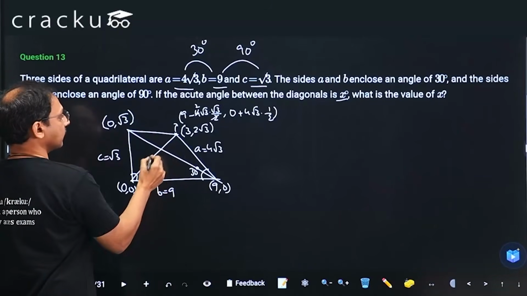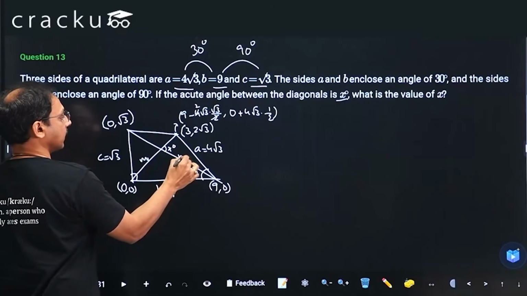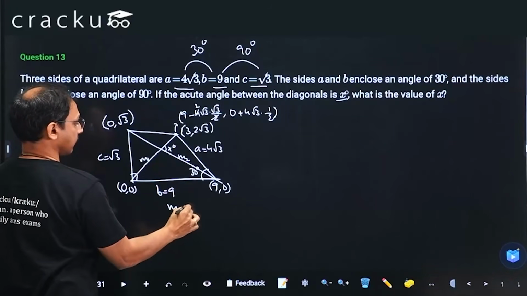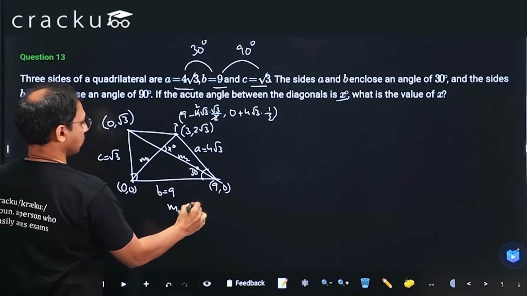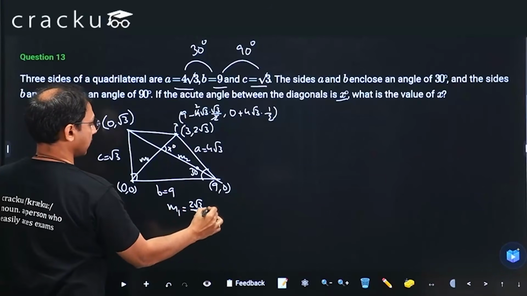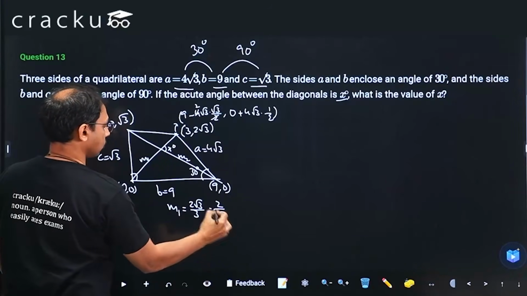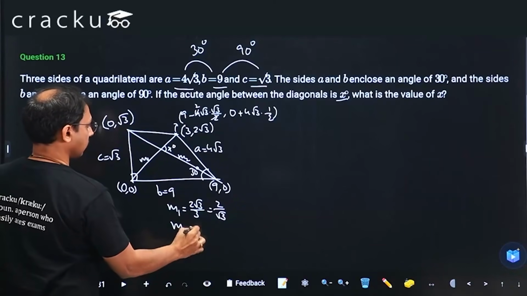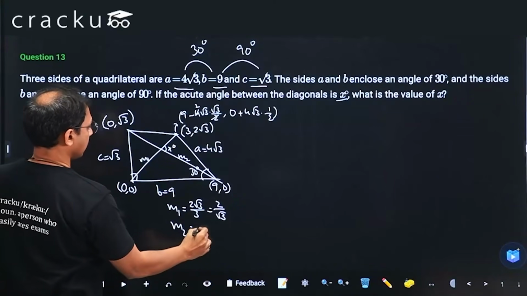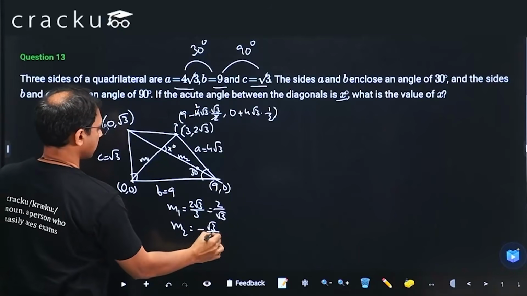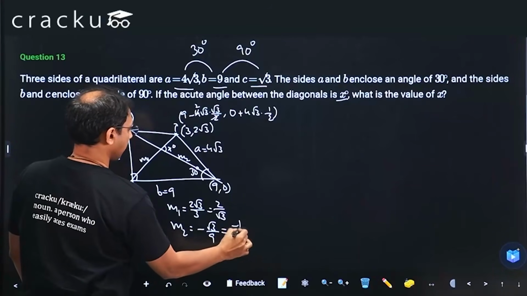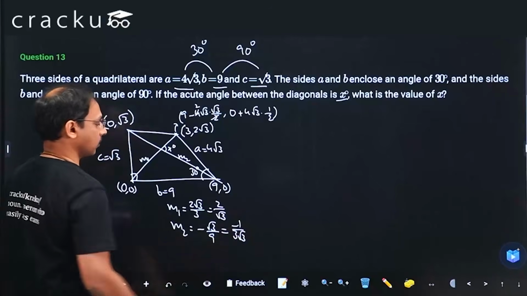So I got the fourth vertex also. So I want this angle. Let us say the slopes are m1 and m2. m1 is 2 root 3 by 3 or 2 by root 3. Slope of the other diagonal will be minus root 3 by 9 or minus 1 by 3 root 3.